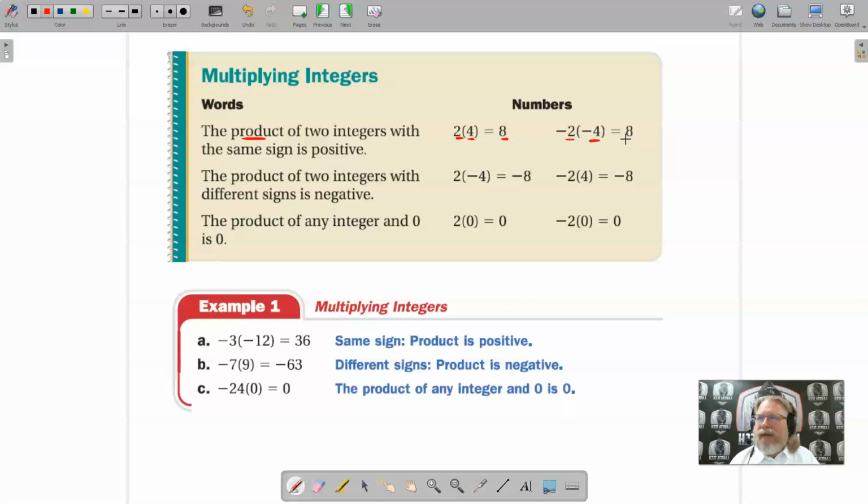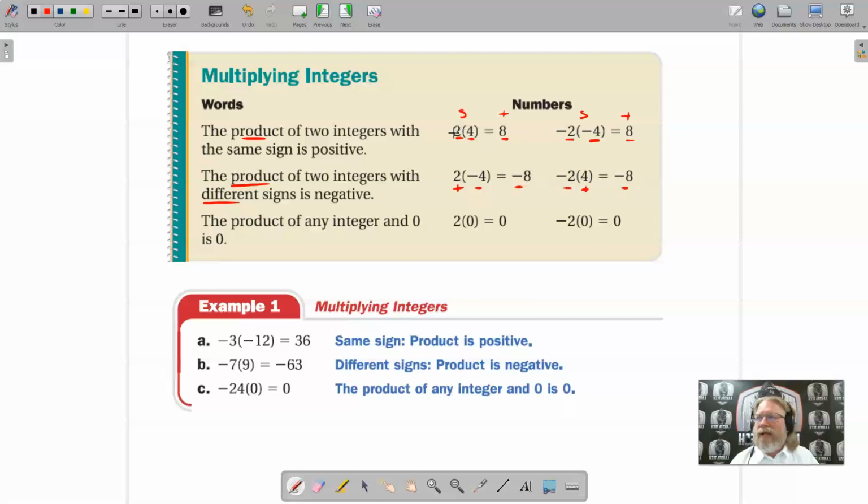Negative times negative equals positive. So if the signs are the same, here we have same signs, here we have the same signs, and they both come up positive. The product of two integers with different signs is negative. So we have a positive times a negative equals a negative, and a negative times a positive equals a negative.